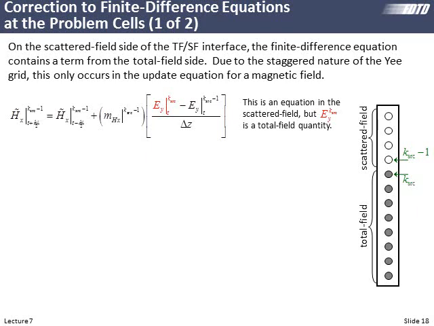So right now, we are on the scattered field side of the interface, so we're looking at the update equation for the H field at this point, right at the edge of our total field scattered field interface, but we're in the scattered field side. So we want all of the terms here to be scattered field terms. However, we have an electric field term from the total field side. That is not compatible, and we need to fix that.